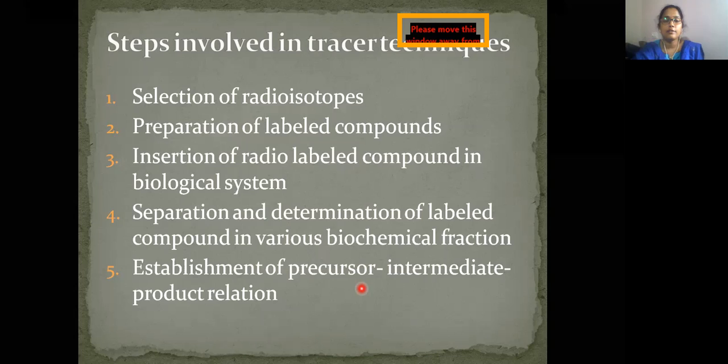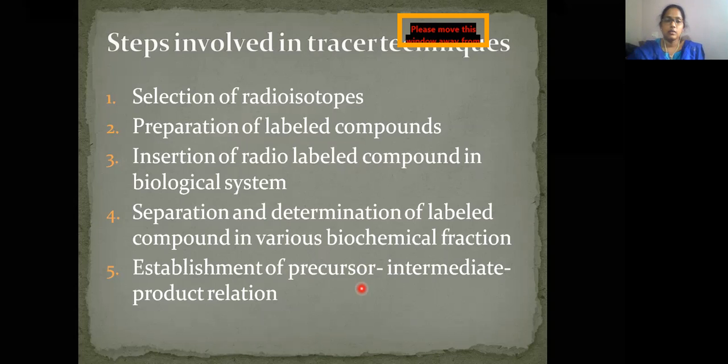The selection of radioisotopes mainly depends upon the presumed precursor, that is the selected compound, and also the product, and the half-life of the radioisotope. Here we have C14, which has a higher half-life.